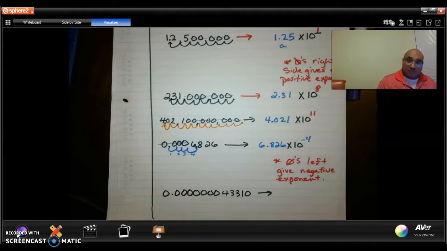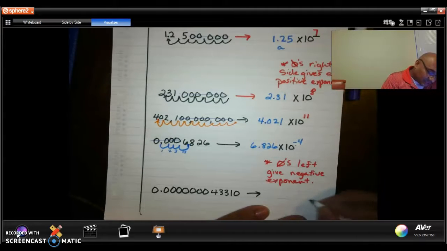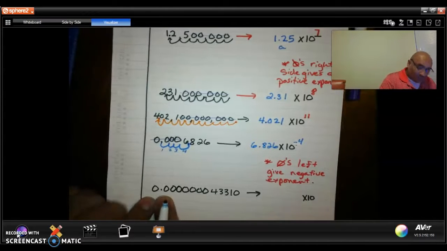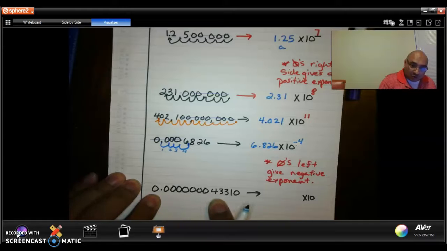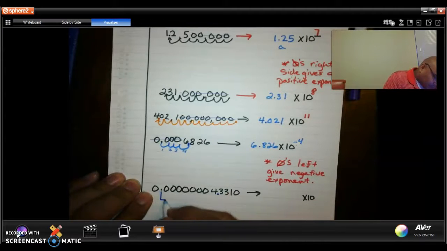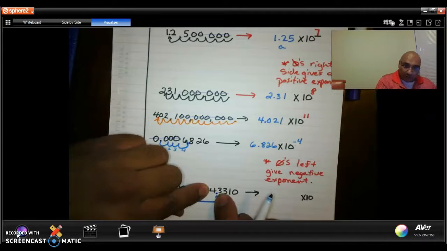So let's write it in scientific notation. We know because we're dealing with scientific notation, it is times 10 to a certain power. We want to move our decimal behind the first whole number, which is 4. So we're going from here all the way over here. Because again, we created a number that is greater than 1, but less than 10.